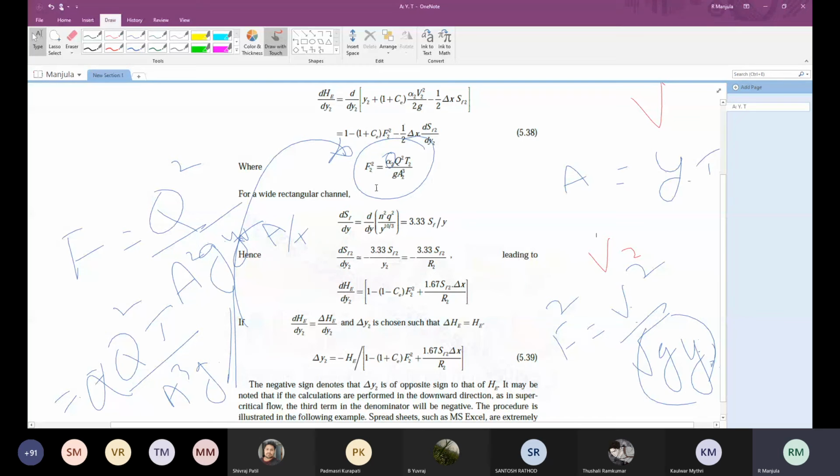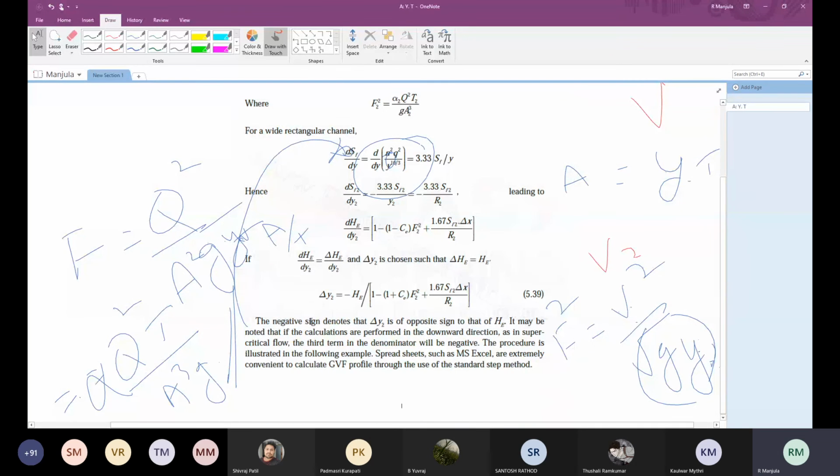Now back substituting, you will be getting delta y2 as minus he divided by, because delta he you have substituted by he, so this becomes delta he. Now delta y2 you bring to the left hand side. Now you will be having delta he divided by 1 minus of 1 plus CE into F2 square plus 1.67 SF2 delta x divided by R2. R2 is hydraulic mean depth. So this is going to be your delta y2.